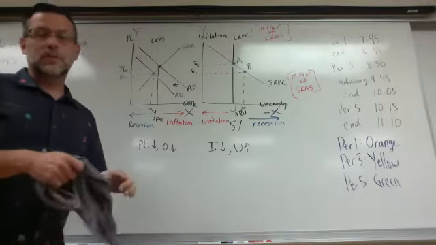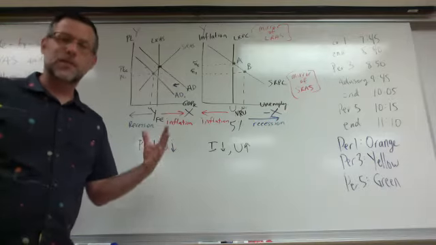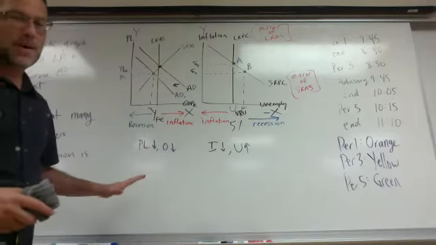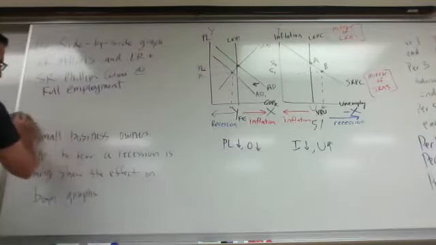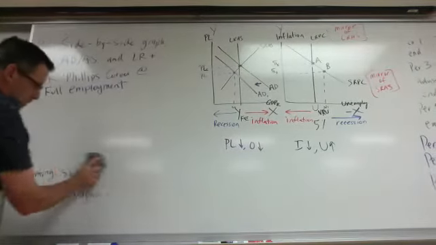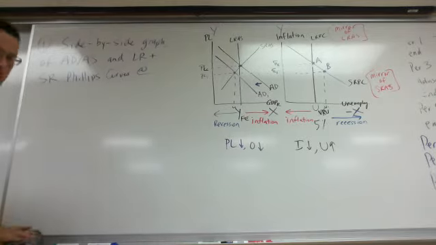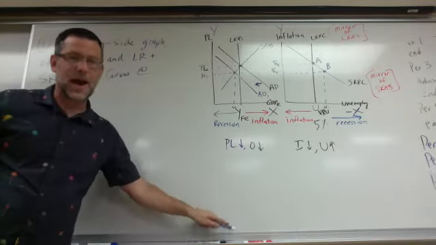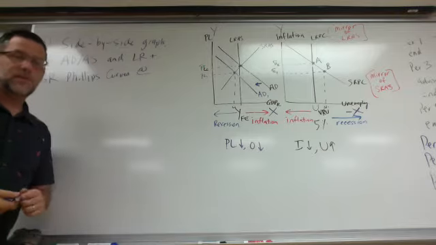All right. So I'm going to do 2 more of these with you and then we'll be done. This is the first kind of example, these side-by-side graphs. What I want you to do next is a side-by-side graph of aggregate demand, aggregate supply, and the long and short run Phillips curves.